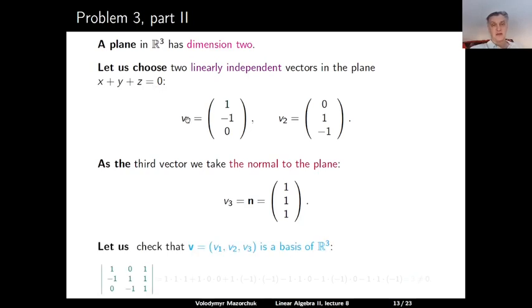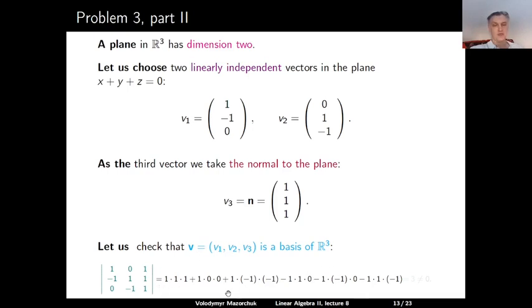So let us now check that v1, v2, and v3 form a basis in R3. So we write the coordinates of these vectors into a matrix and compute the determinant. So the determinant of the matrix 1, 0, 1, minus 1, 1, 1, 0, minus 1, 1 equals 1 times 1 times 1 plus 1 times 0 times 0 plus 1 times minus 1 times minus 1 minus 1 times 1 times 0 minus 1 times minus 1 times 0 and minus 1 times 1 times minus 1.